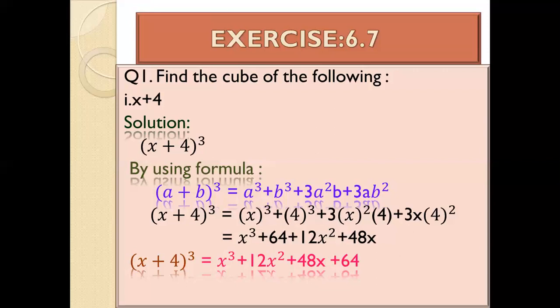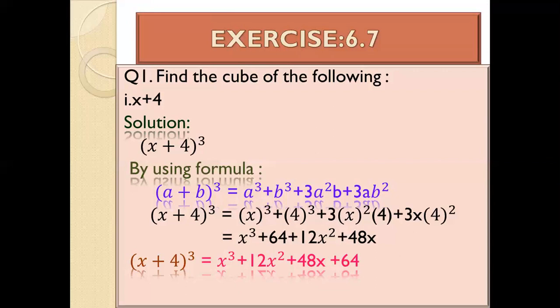Come to the next term, 3x 4 square. Again the same meaning. We will take the square of only 4. It doesn't mean that first you multiply 3 and 4 and then take the square of that number. First you take the square of 4 and then you multiply it with 3. 4 square means 4 multiplied by 4, which is 16.